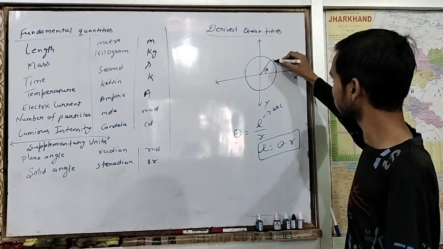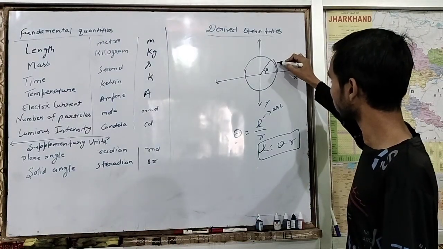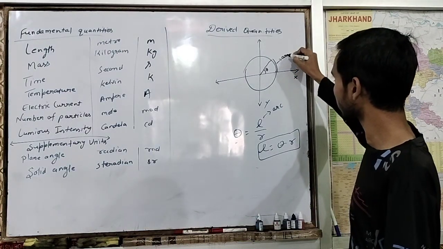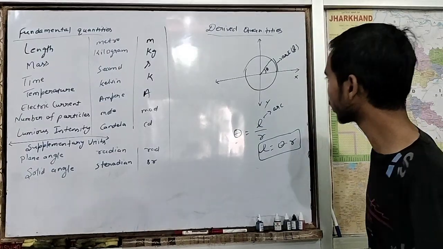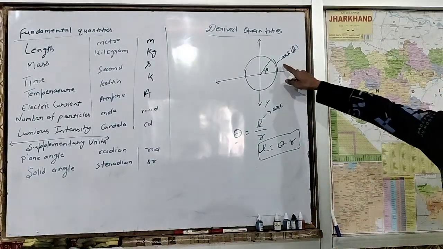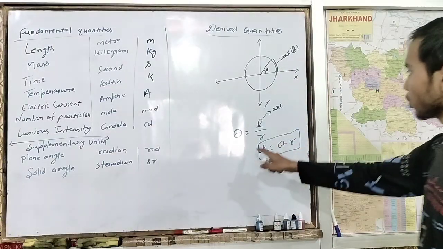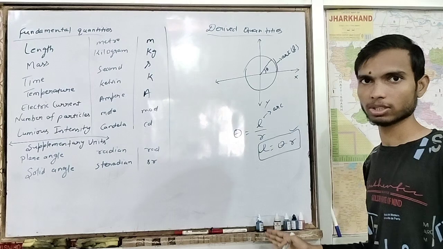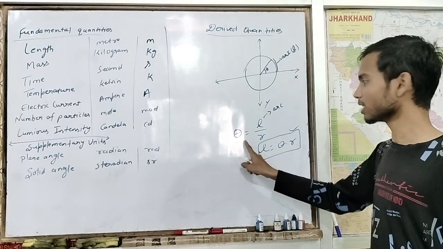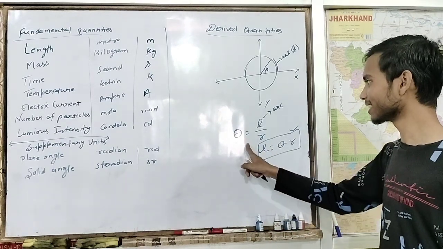And here we are representing the arc as L. To find out the measure of this length, we will use this formula, which came from this.